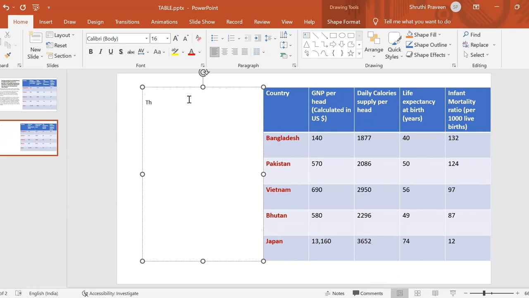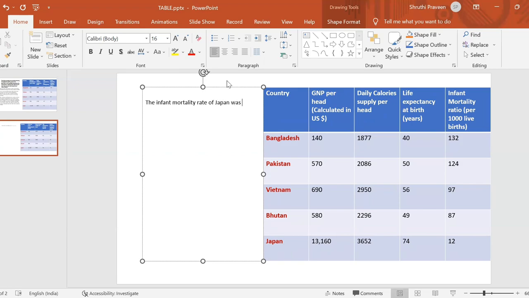Okay. I've already written about infant mortality of the other three countries. So maybe I'll write about, okay, I'll write about infant mortality. The infant mortality rate of Japan.